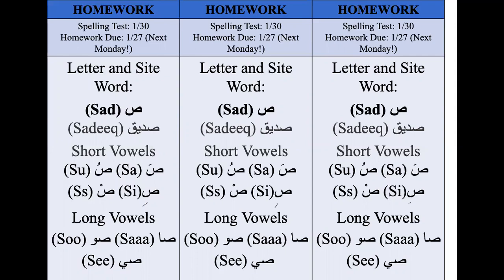And it functions the same way it does in English. If they are reading a book and it has the word sadiq in it, they're not going to have to sit there and go sa, da, e, k, sadiq. They're just going to be able to see it and go, oh, sadiq, that means friend, and move right along. And it just helps build reading fluency.